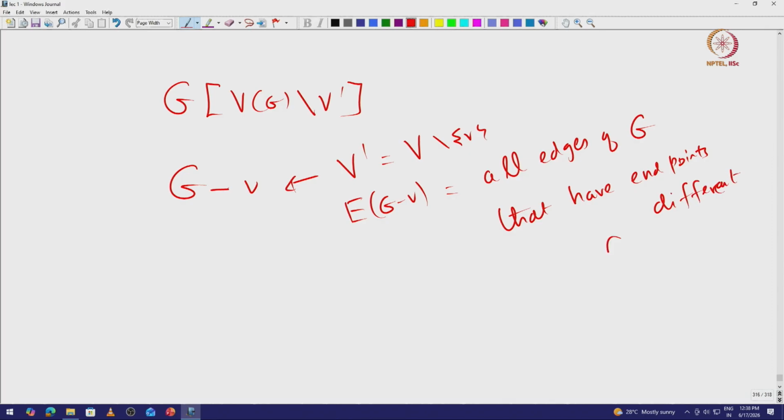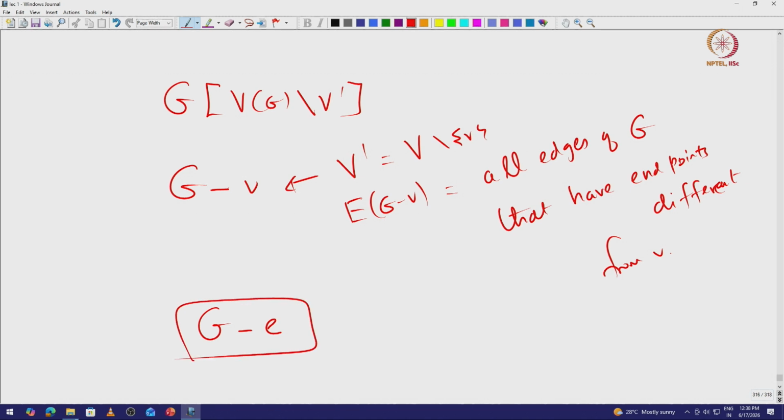So, that is G minus v. Similarly, one can define G minus e. You delete that edge and keep the rest of the graph. So, that is G minus e.